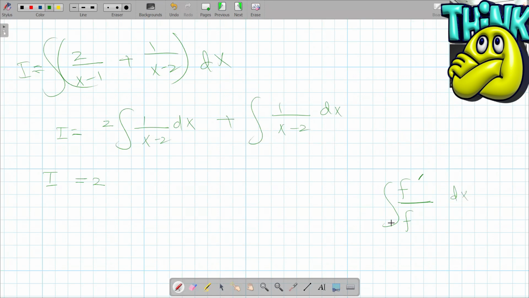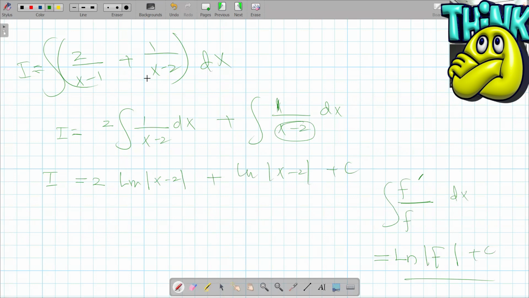When the derivative of the denominator function is present in the numerator, then its integration is log of the absolute value of the denominator function. So it is log of x minus 2, plus similarly its derivative is also 1, so it is log of x minus 2 plus c.